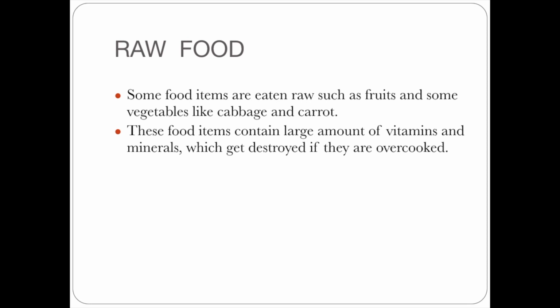The best answer is we need to consume these vegetables raw as they contain a large amount of vitamins and minerals which get destroyed if they are overcooked. So, the best way to gain all these vitamins and minerals is to eat these vegetables raw.